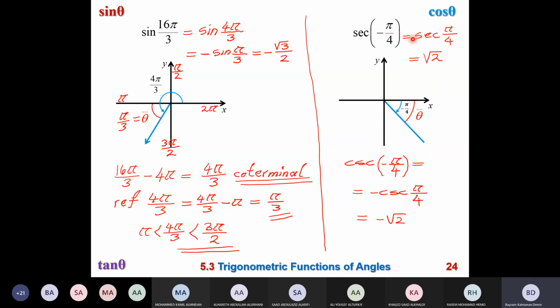So it is equal to secant of pi over 4, which is root 2. If you want to calculate cosecant of negative pi over 4, it will be equal to negative cosecant of pi over 4, which is negative root 2, because cosecant is negative in the fourth quadrant.